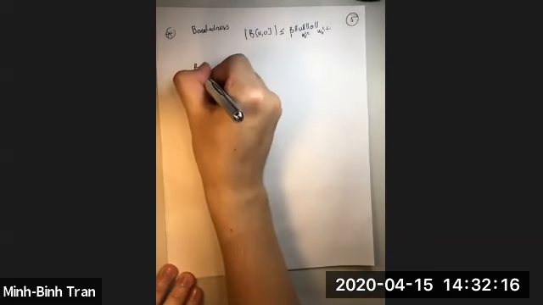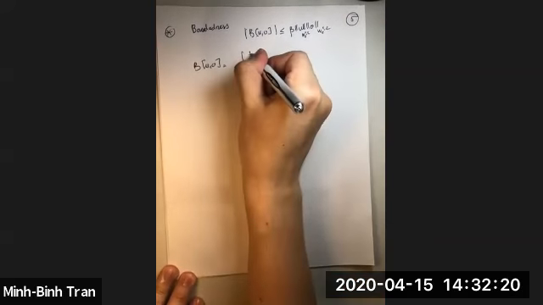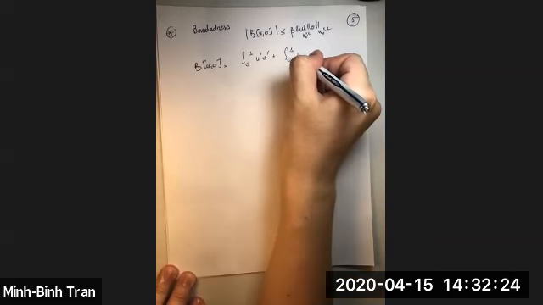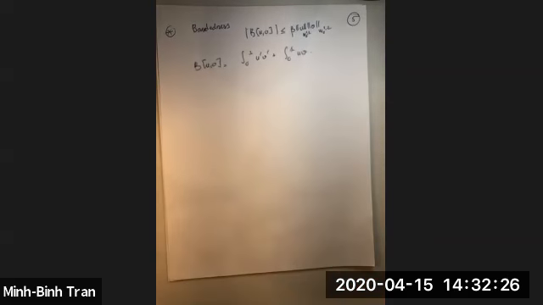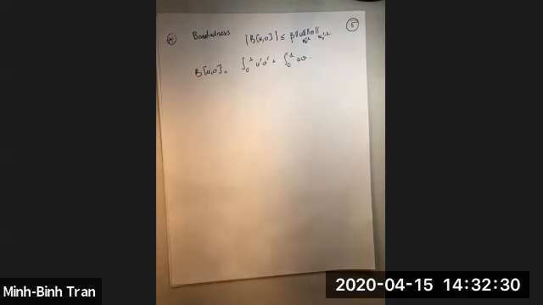So you have B(u, v) as the integral from 0 to 1 of u prime v prime plus the integral from 0 to 1 of uv. How can I show that this operator is bounded, in the sense that there is a beta such that B(u, v) is smaller than beta times the norm of u times the norm of v? How can I show that?